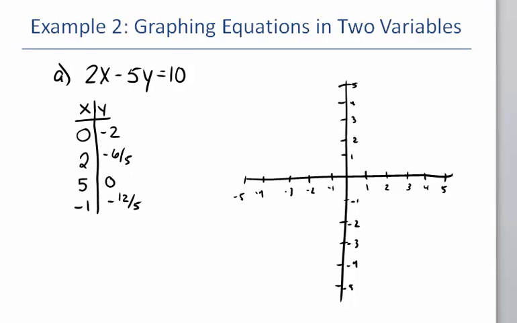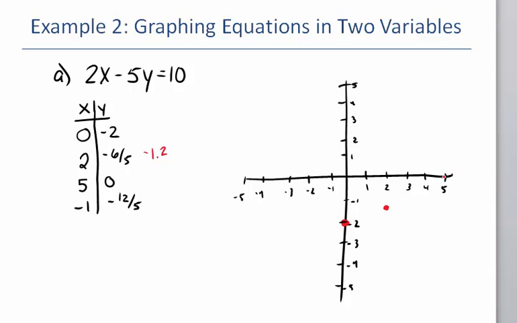And so the point (0, -2) will be here. The point (2, -6/5), we're going to have to estimate a little bit. That is -1.2. So just a little bit past the 1 on the negative axis.